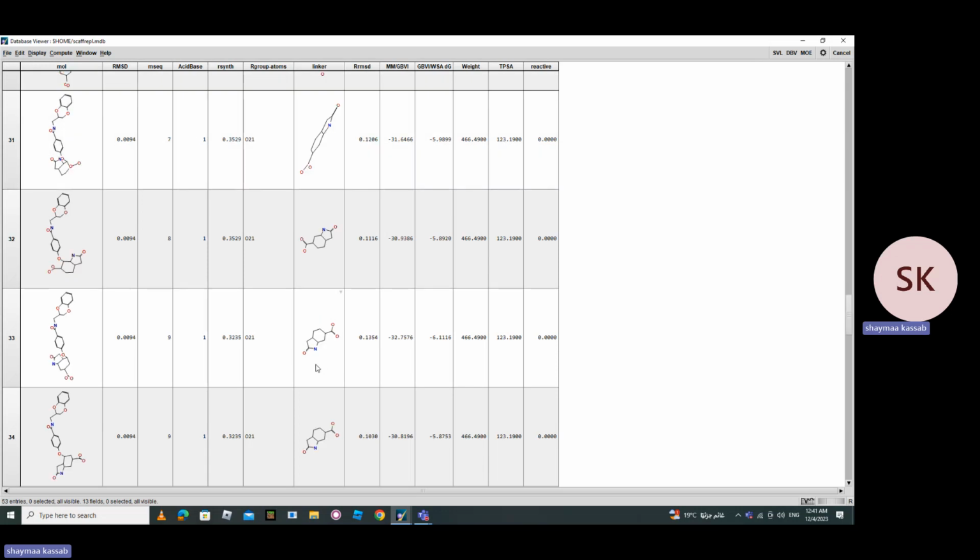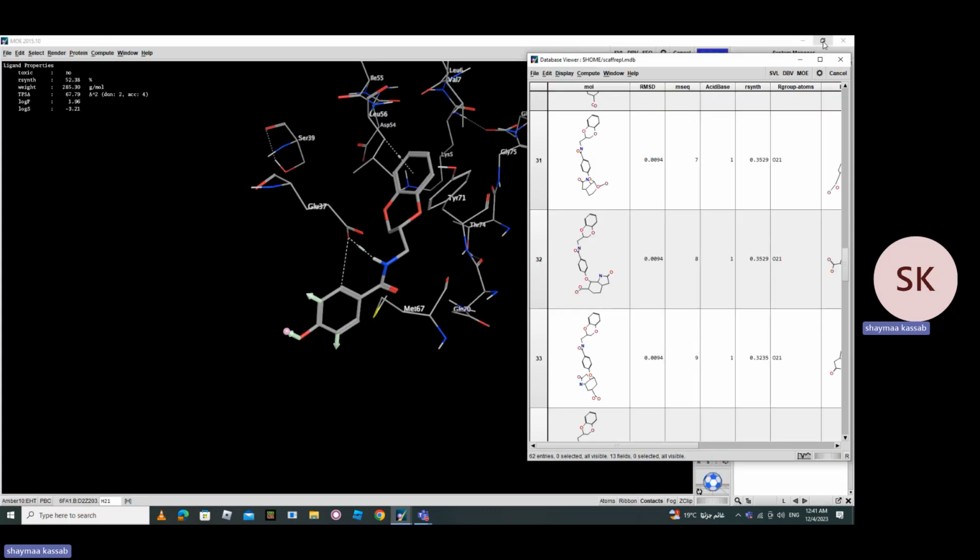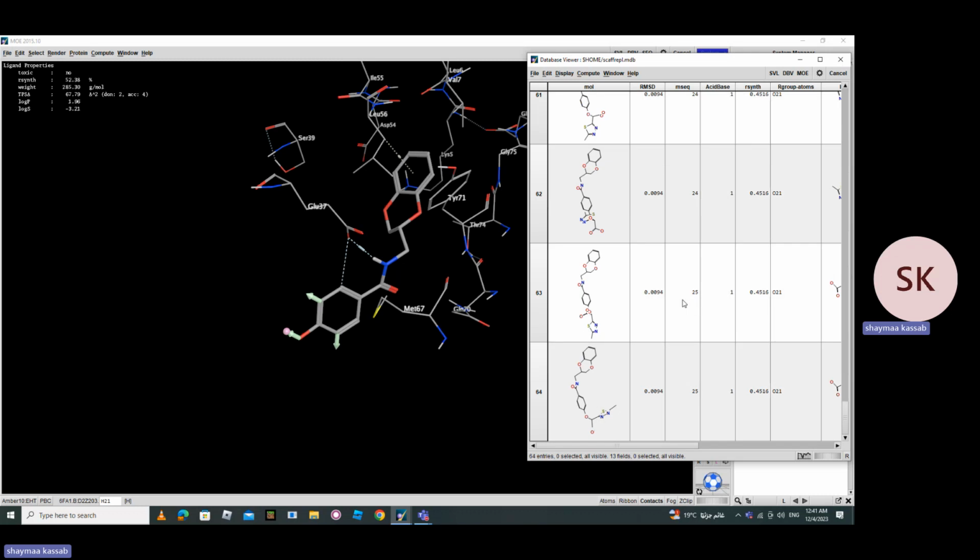Sometimes we find some fragments are quite more expensive than the others, and both of them achieve the goal of the mission. They form the same hydrogen bonding. So eyeballing should work here, and the decision is yours depending on how you see the compound after introducing the new pharmacophores to the original ligand.